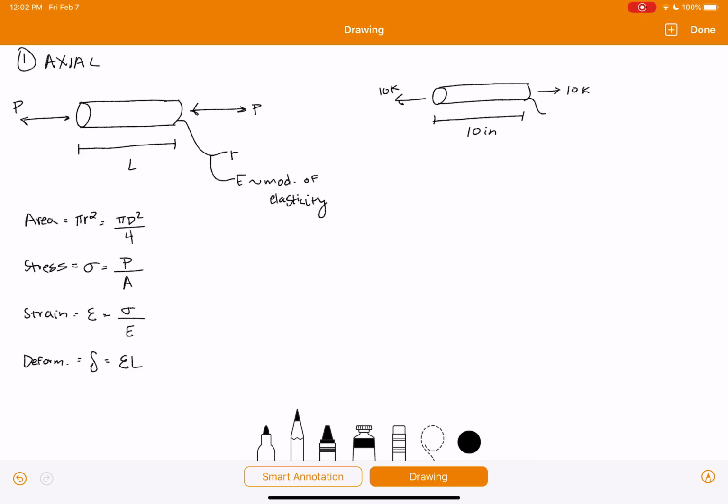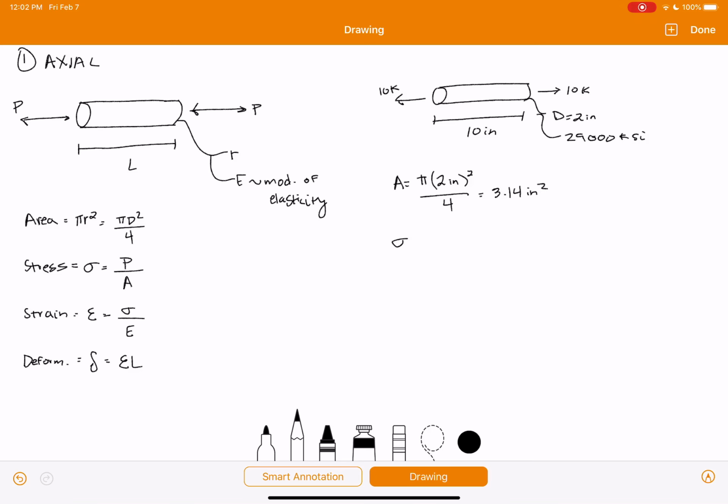And it's got a diameter of 2 inches and a Young's modulus of 29,000 KSI. So start by finding the area. So it's just going to be pi times d squared over 4, which is 3.14 inches squared.